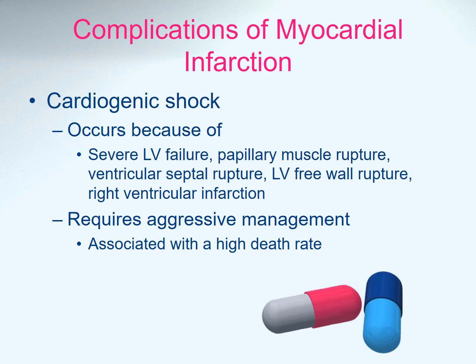The patient can also go into cardiogenic shock, which occurs when the oxygen and nutrients supplied to the tissues are inadequate because of severe left ventricular failure, papillary muscle rupture, ventricular septal rupture, left ventricular free wall rupture, or right ventricular infarction. This occurs less often with the early and rapid treatment of STEMI with PCI or thrombolytic therapy.